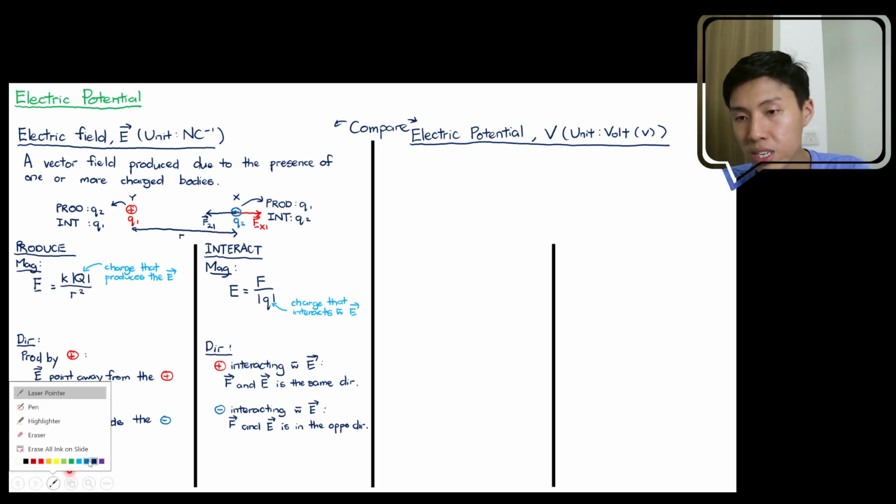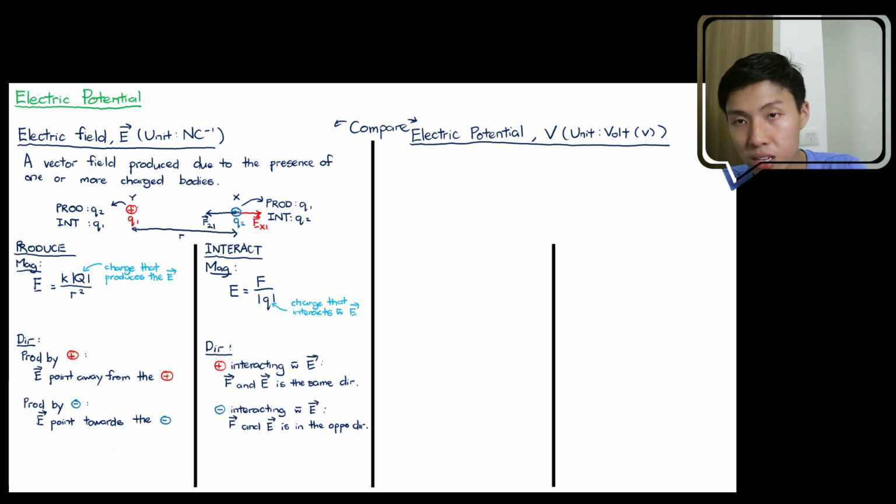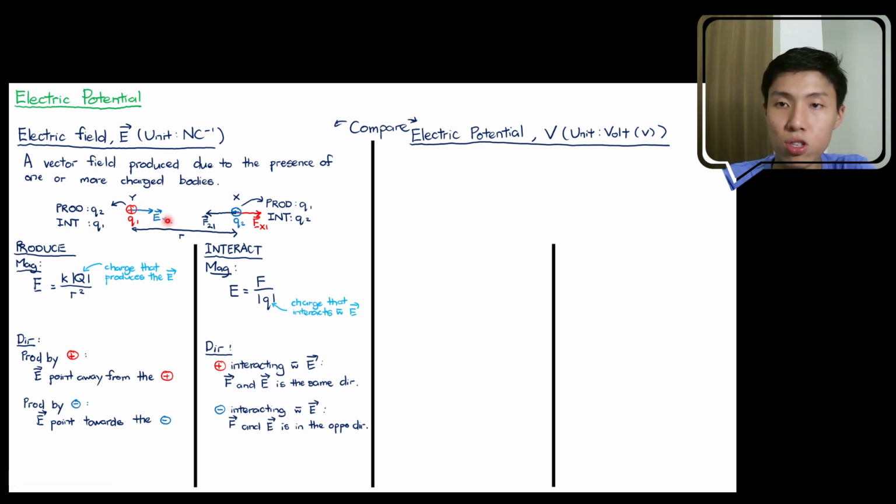So there's an electric field pointing in this direction, and this is the electric field produced at position Y by charge 2. Okay, so EY2 is produced at position Y by Q2.